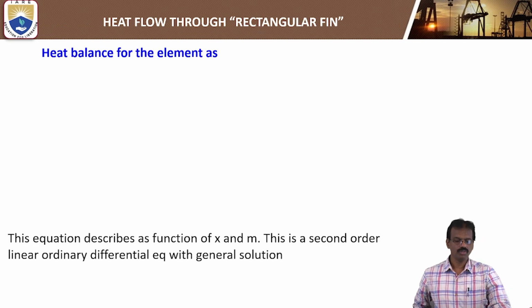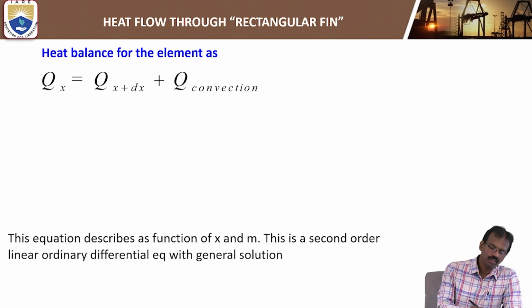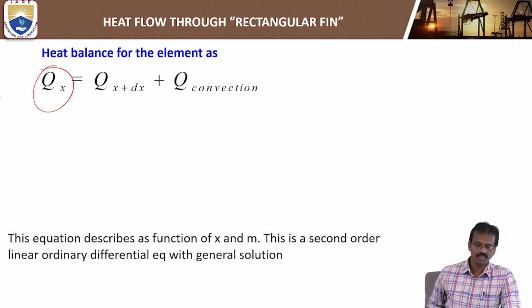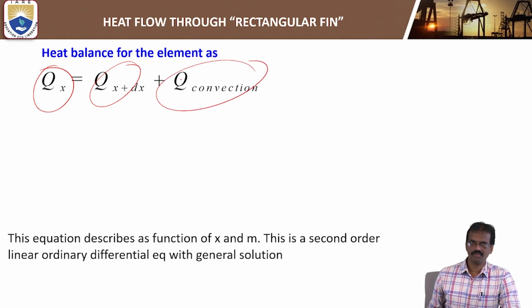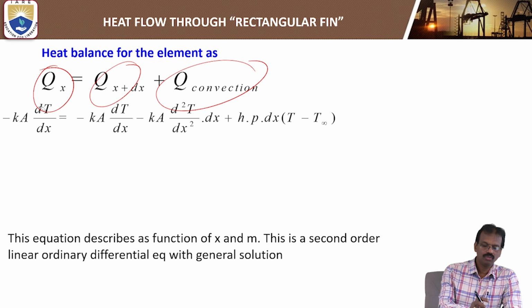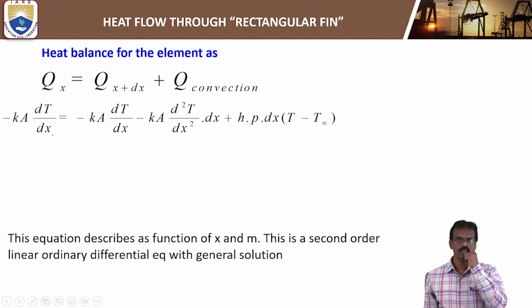Okay. So heat balance for the element. We already said that the heat entering into the elemental area is equal to the heat dissipated by two modes: the conduction mode and the convection mode. We'll derive this. So you know the formula. Conduction is minus k A into dT by dx according to Fourier's law.